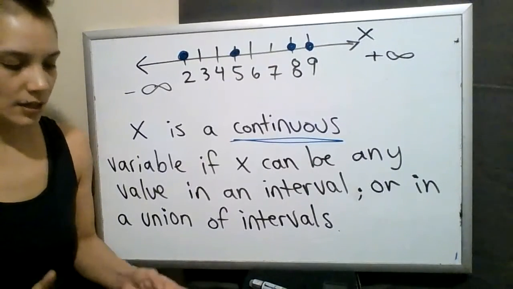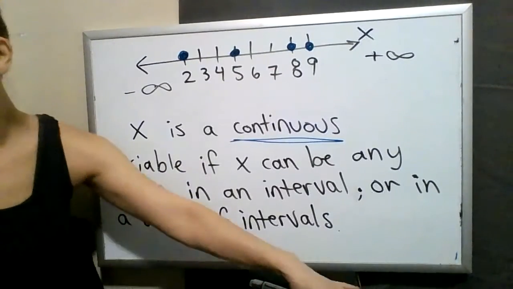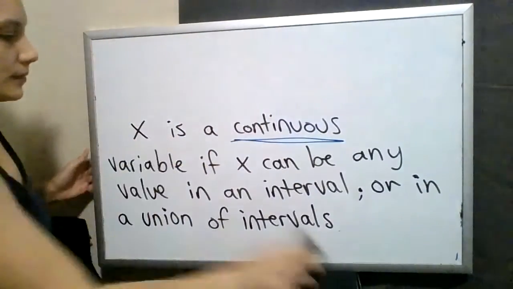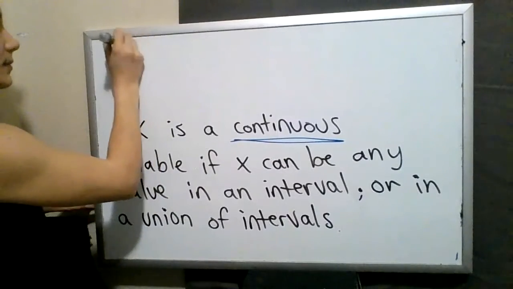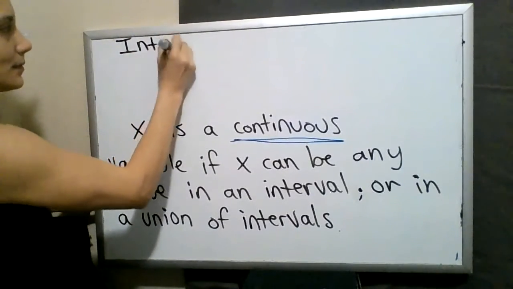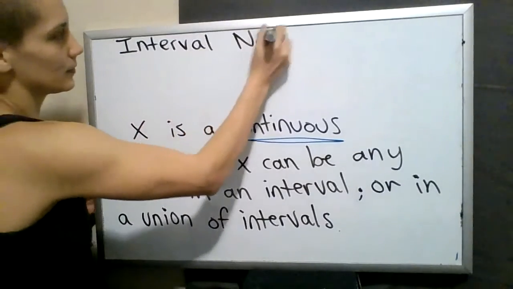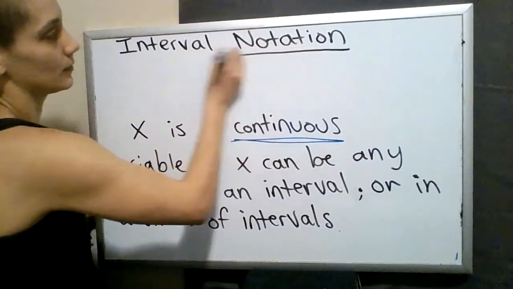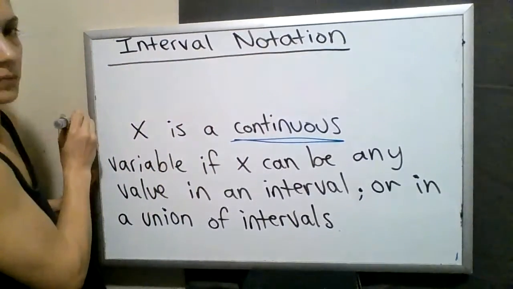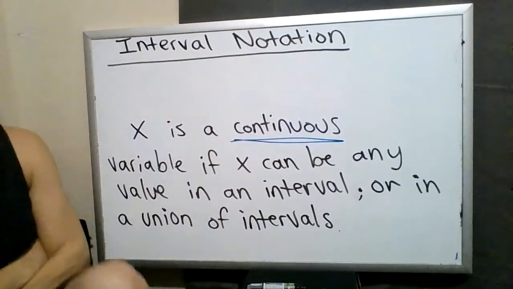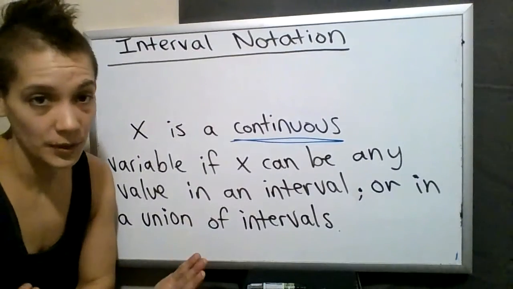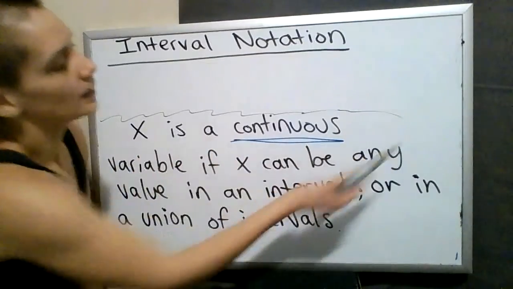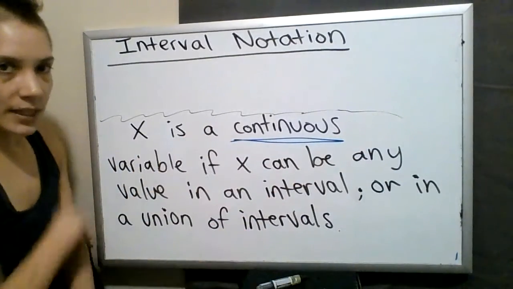So here's where we're going to start to talk about interval notation. Okay, for the first part of this, I just want to let this sit here for a moment, but after this thought, we're going into a new topic.